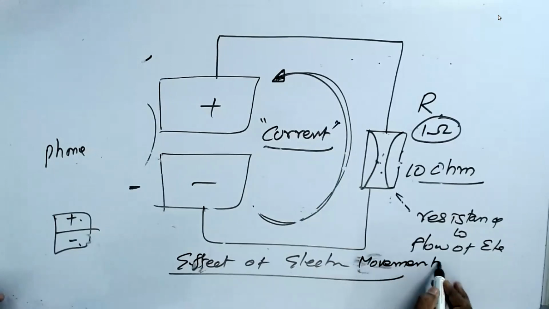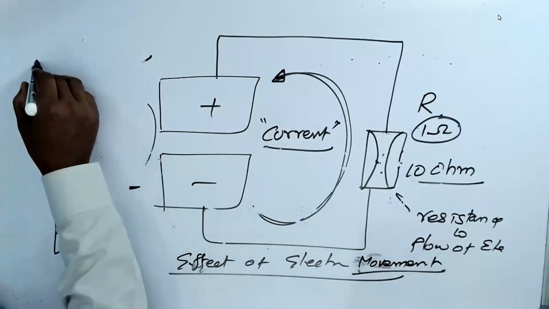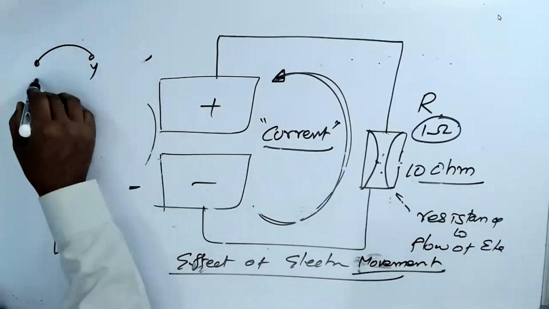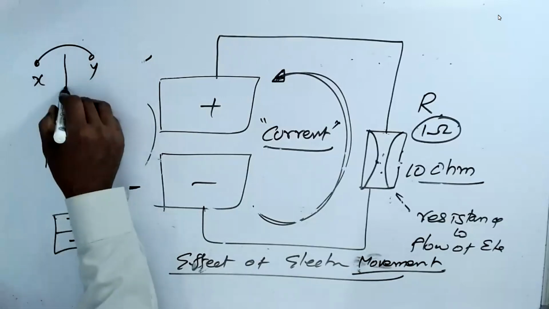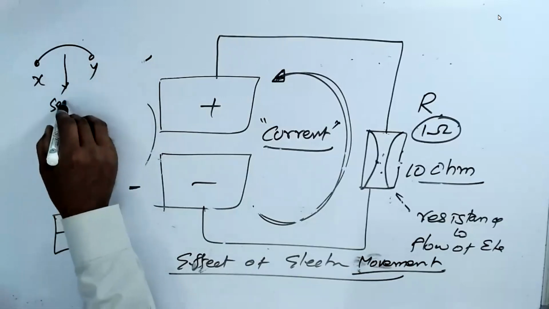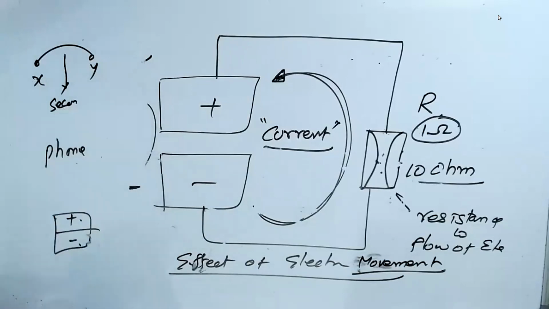Don't get confused with the movement. Movement is actually nothing but a displacement. You displace from X to Y. You move from X to Y. That is called displacement or movement. That takes a few seconds.